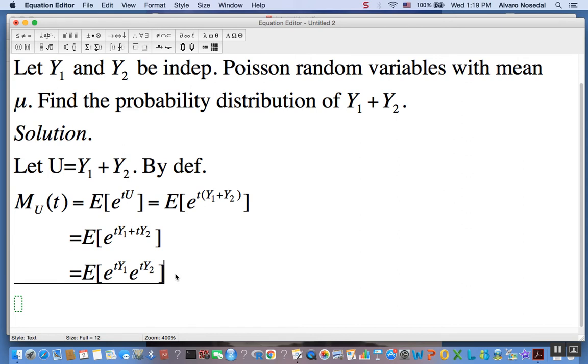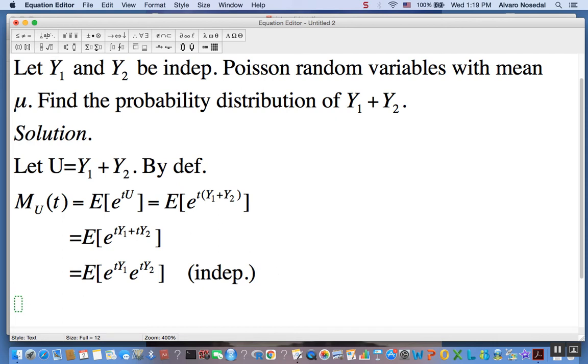Now, here is where the independence is really important. Since y1 and y2 are independent, the expected value of a product of independent random variables, or the product of functions of two independent random variables here, right? Again, the expected value of a product is the product of expected values, and it could be just themselves or functions of themselves. The thing is that y1 and y2 are independent, then these functions e to the ty1 and e to the ty2 are also independent.